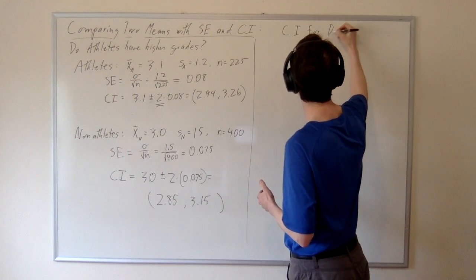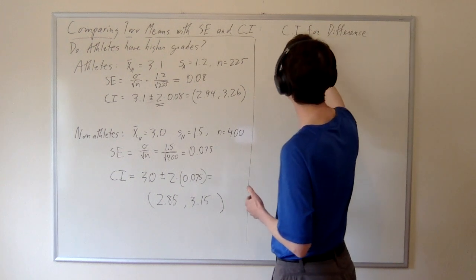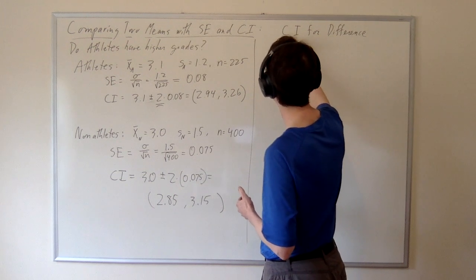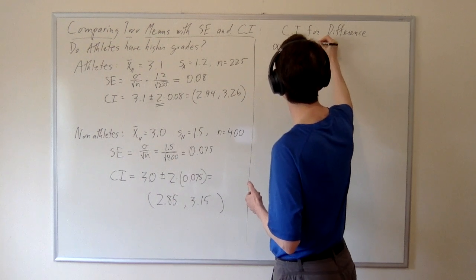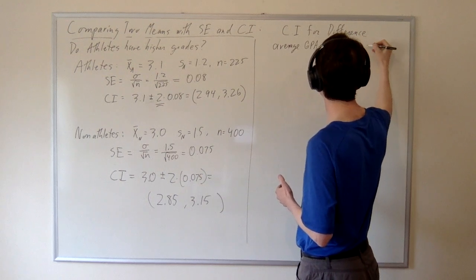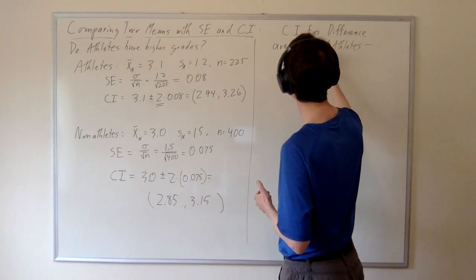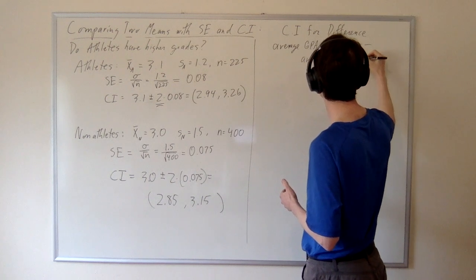But in order to really sort this thing out, what we need is a confidence interval for the difference, because we need to be reasoning about the difference between the average GPA of the athletes minus the average GPA of the non-athletes. So we need to reason about the difference between these two averages.